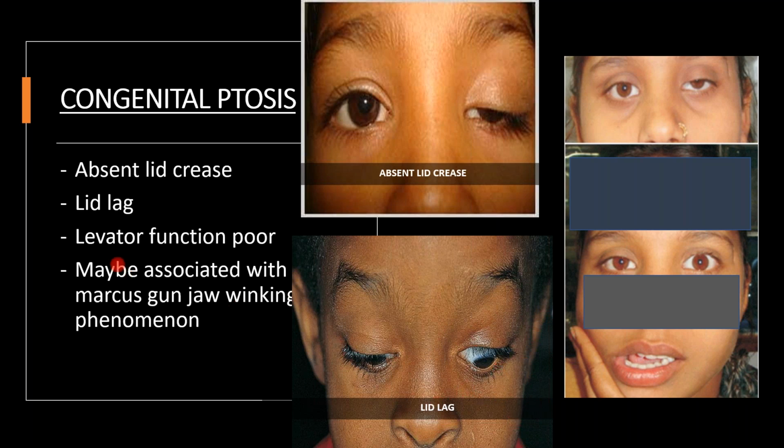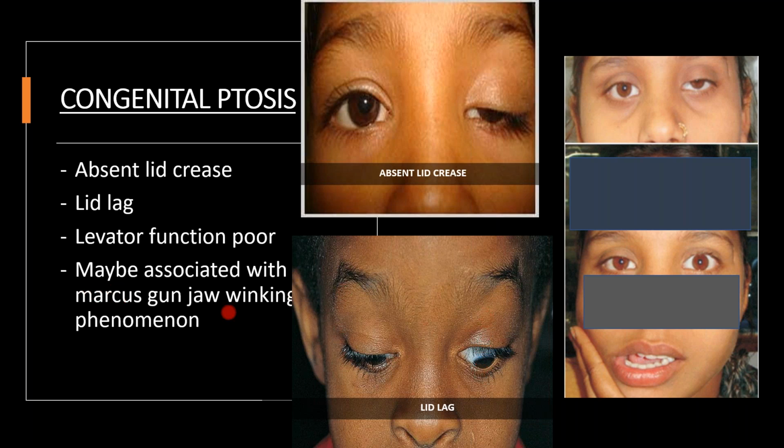Then you have to look for levator function. Usually in congenital ptosis, the levator function will be poor because it's a dystrophic muscle, and even the lid lag happens because the muscle is dystrophic. It does not even relax properly. The relaxation of the LPS is required for the normal function of the lid, so that it can follow the globe. That happens only when there is relaxation of the LPS.